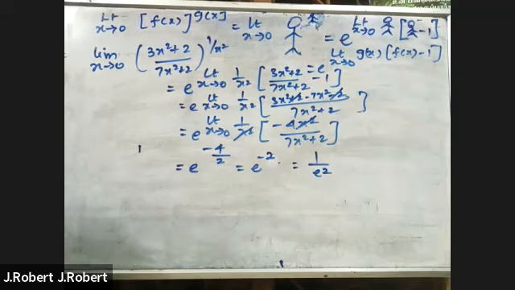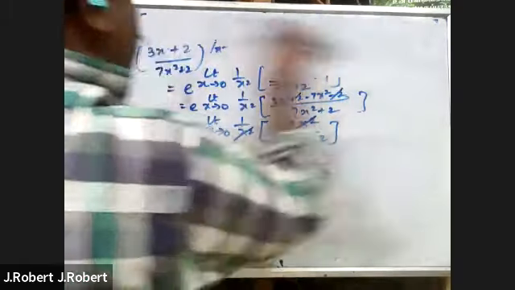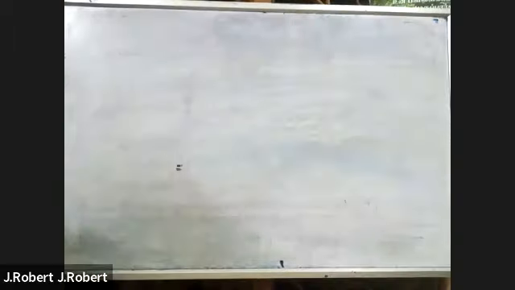The next result, the next shortcut method, is called the sum of an infinite series. Sometimes when the sum of the series is asked in a limit, how can we apply this?